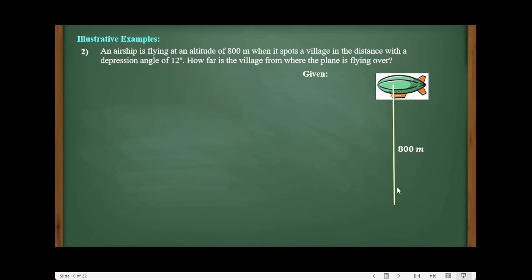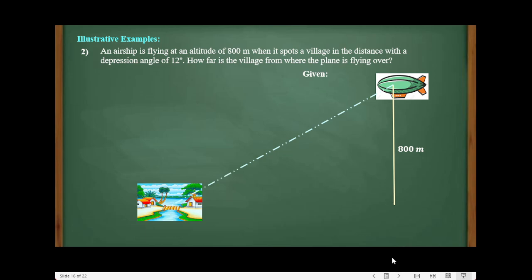And at the same time, an observer from this airship spotted a village, which is this one. And from that airship, it is spotted that the angle of depression is 12 degrees. So when we say angle of depression, it is the angle formed by the line of sight with respect to horizontal.